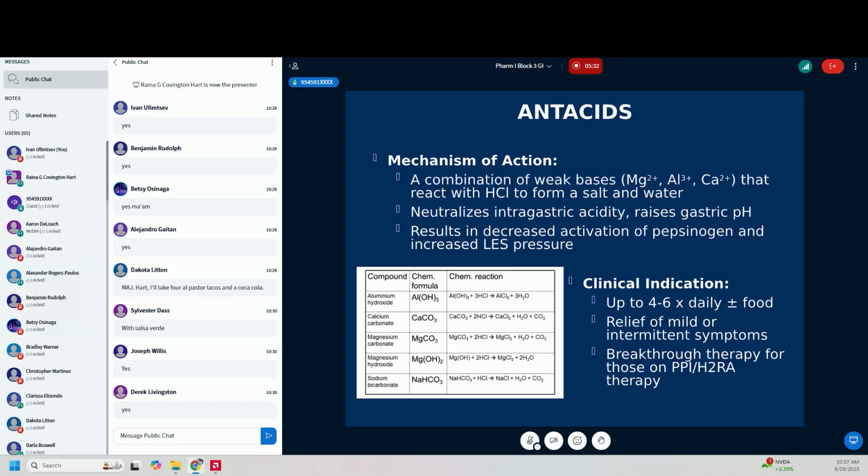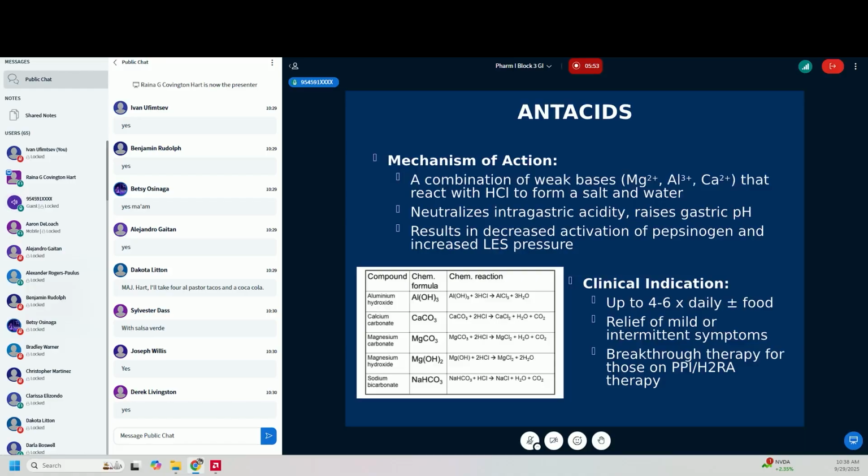So therefore, the patient is going to experience less pressure. When you're seeing your lower esophageal sphincter pressure, that's the pressure that makes someone feel the burn, or like they have to vomit sometimes. So that's what we're trying to do with our antacids.